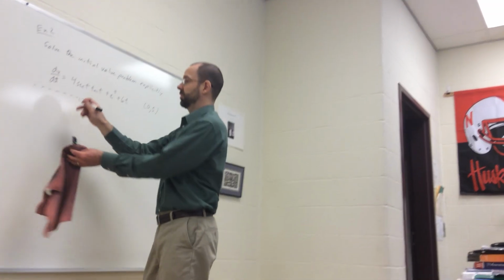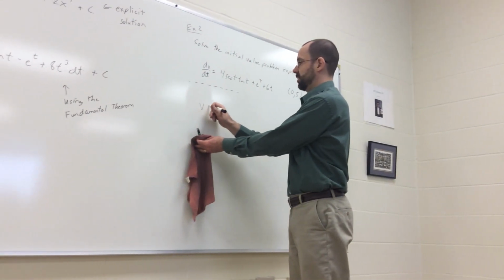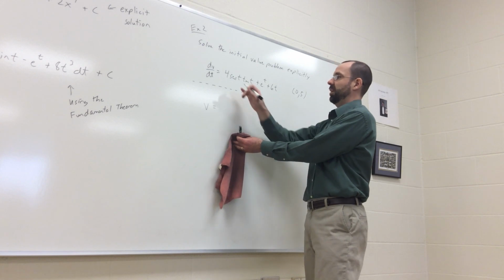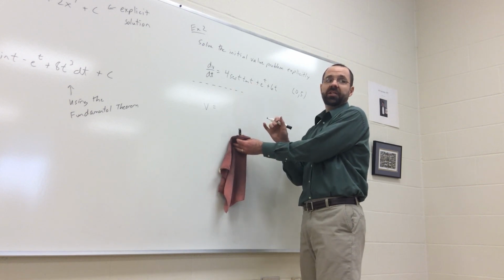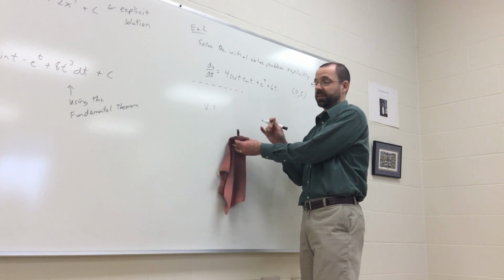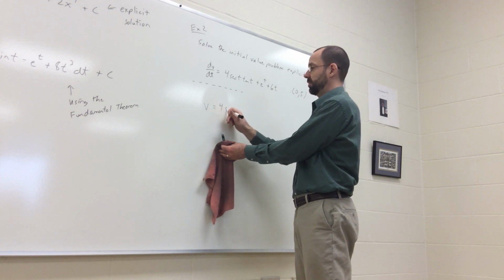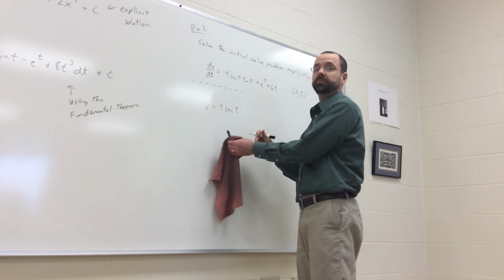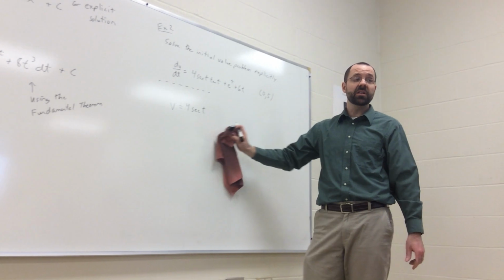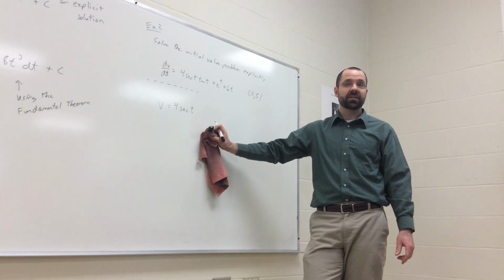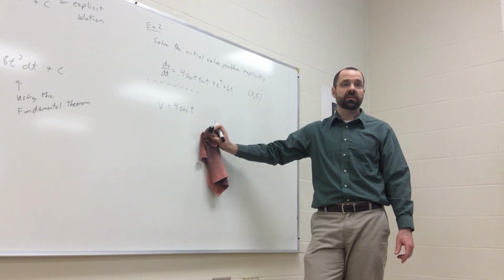All right, so just taking the antiderivative, v equals, the antiderivative of secant times tangent is secant. The derivative of secant is secant times tangent. So the antiderivative of secant times tangent is just secant.